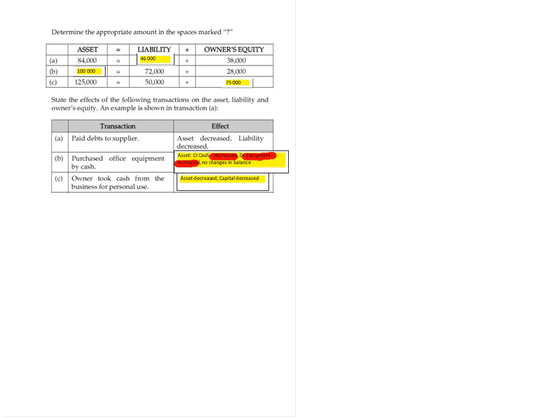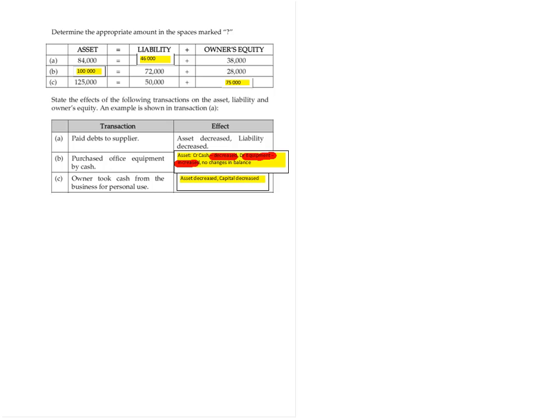Okay, let me continue. The transaction C: the owner took cash from the business for personal use. The assets would be decreased because we have taken the cash from the company for personal use, so the cash is decreased, which means the assets are decreased.